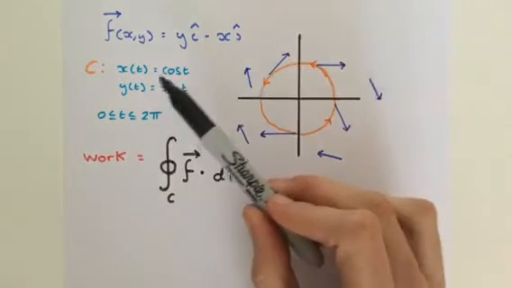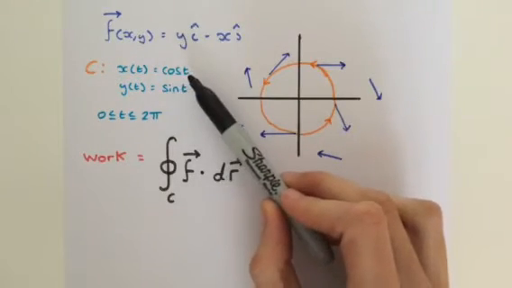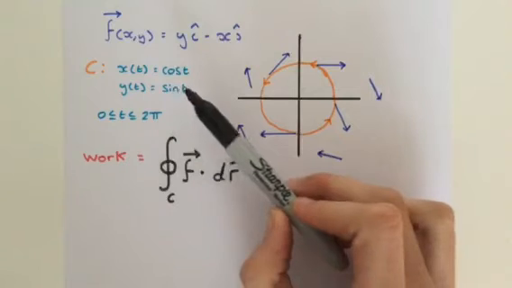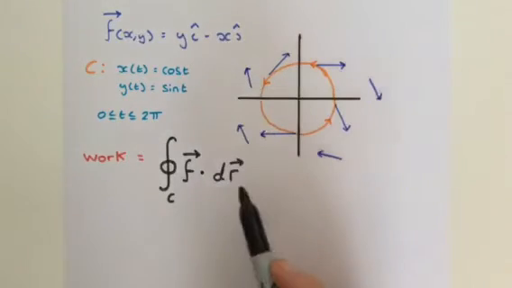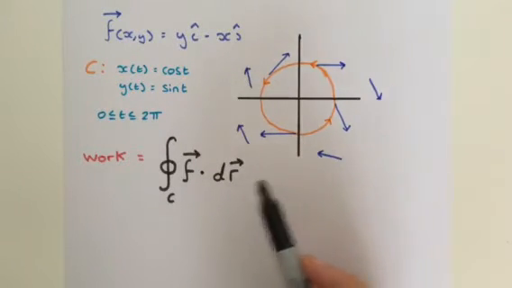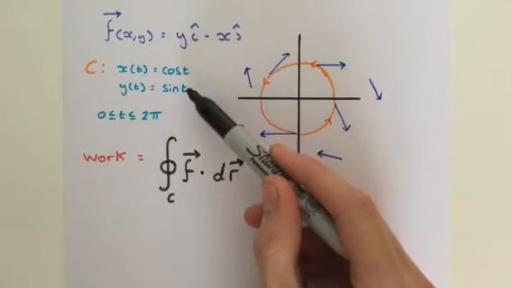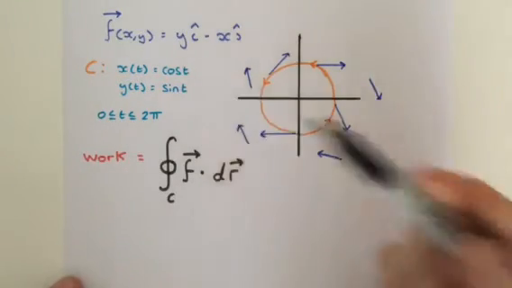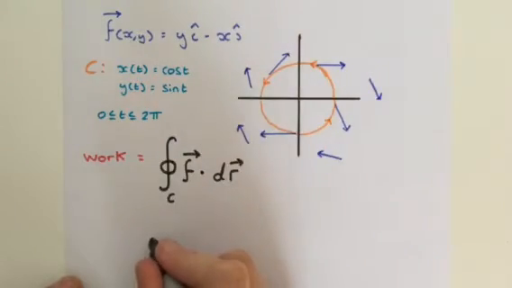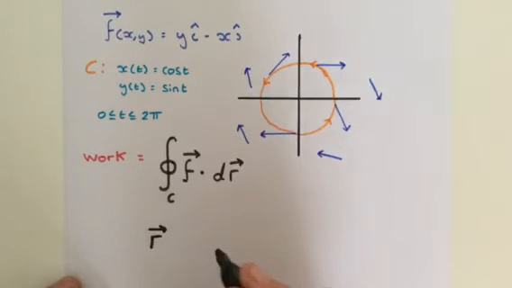Well, our curve is x of t equals cosine t and y of t is sine t, and we have dr. So basically, we need to make this a vector-valued function. So r is a function of x and y, but I'll put it as t in general.